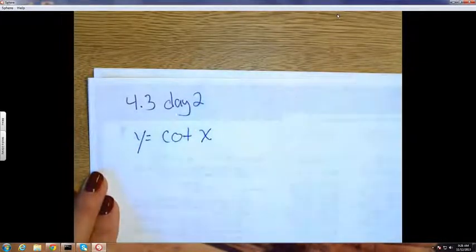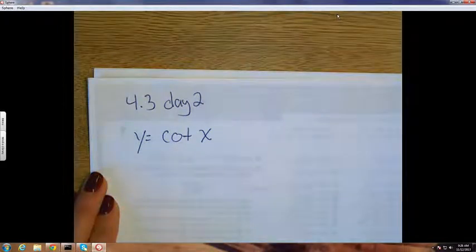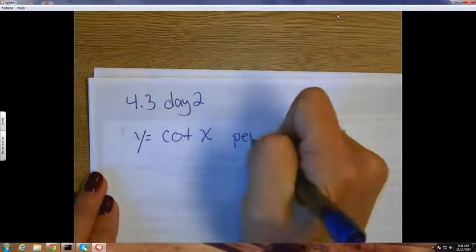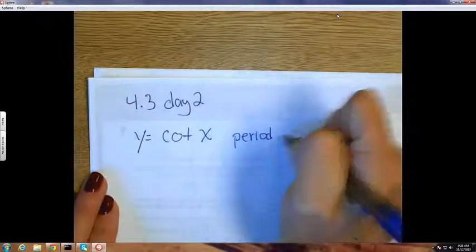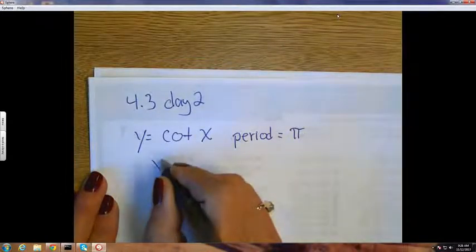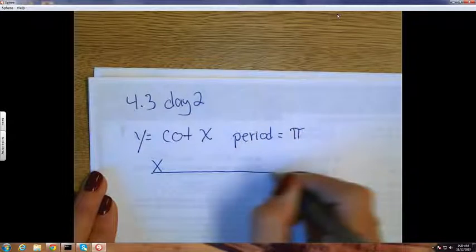So we've got y equals cotangent x. Okay, the important thing to remember here is that the period was just pi, not 2 pi. So on the table, we're still going to have 5 key values.